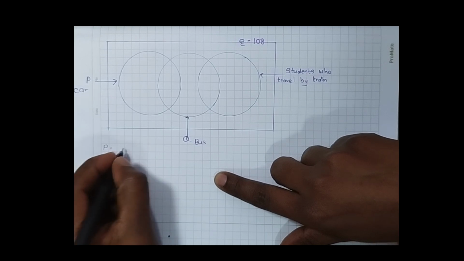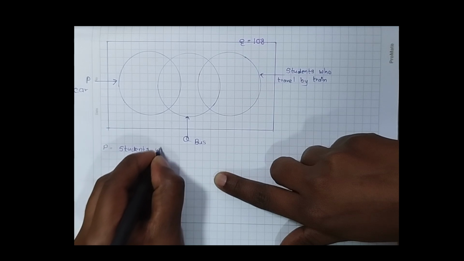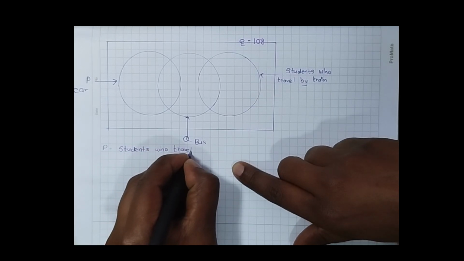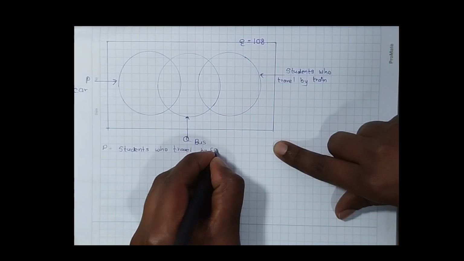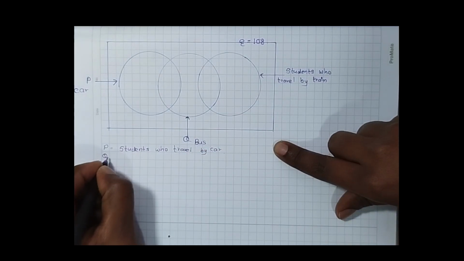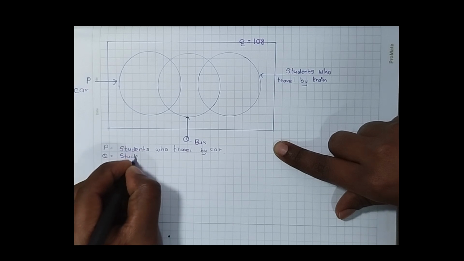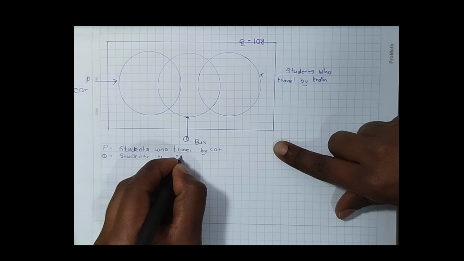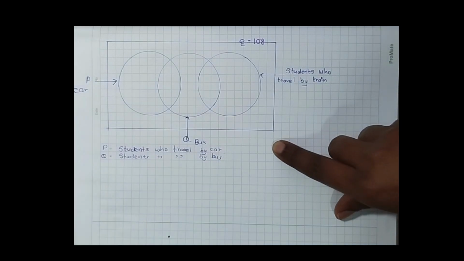P is students who travel by car. Q is students who travel by bus.